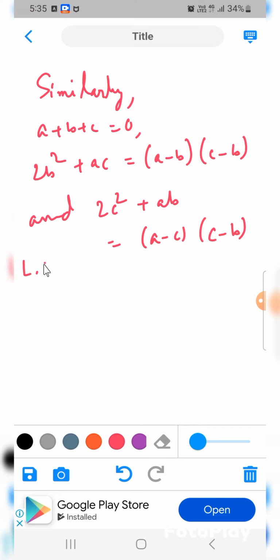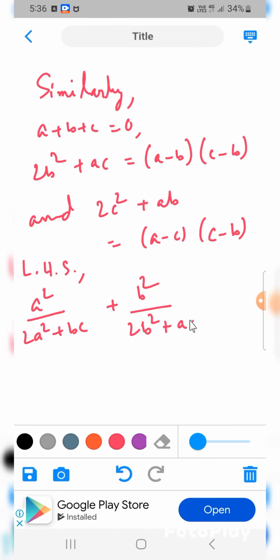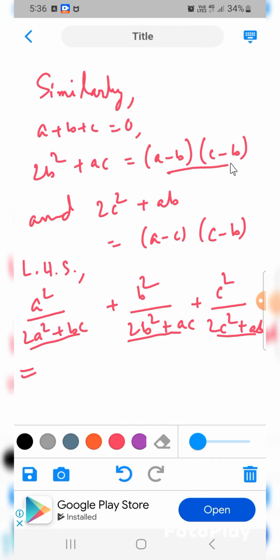Left hand side: A square by 2A square plus BC plus B square by 2B square plus AC plus C square by 2C square plus AB is equal to, we will replace the denominators by these factors.